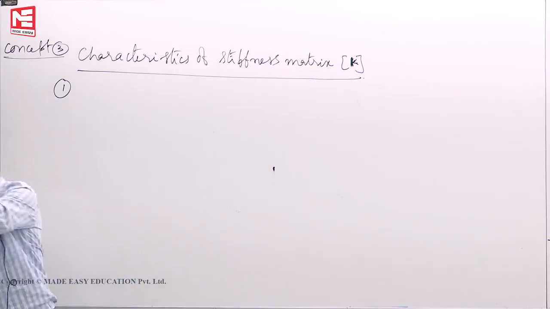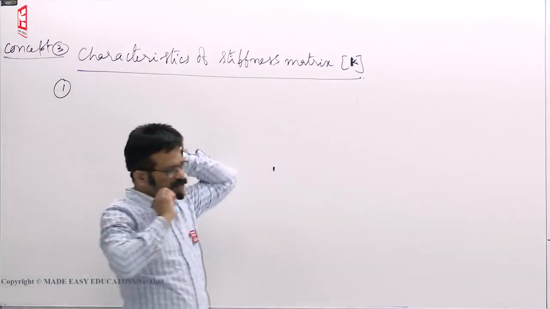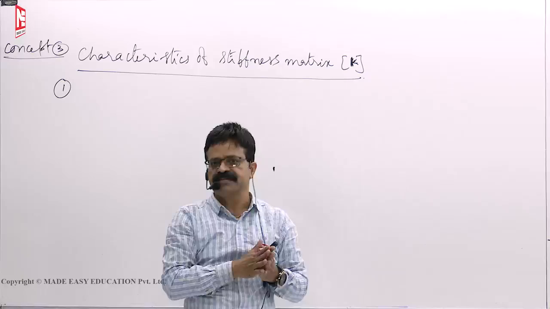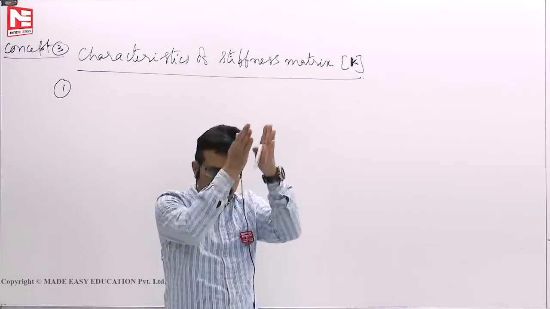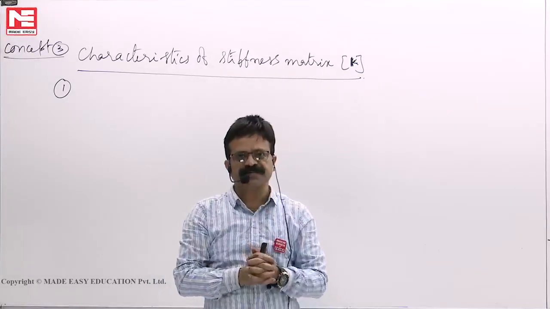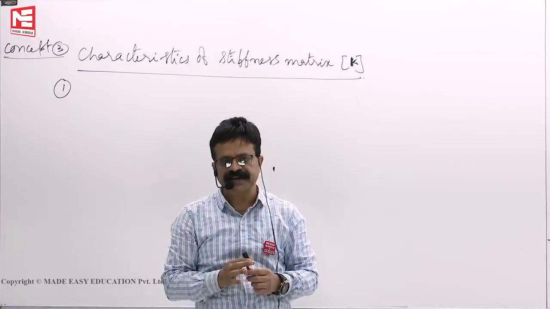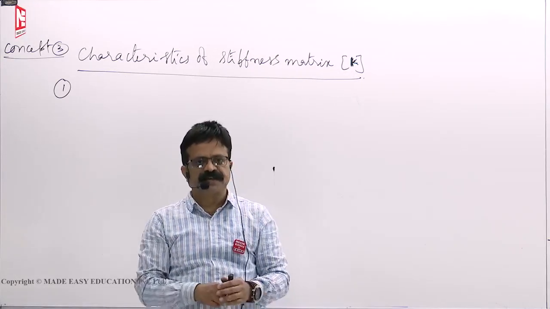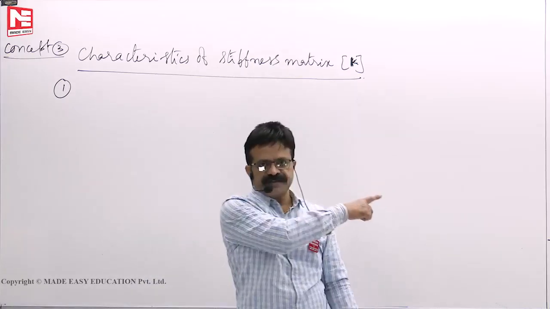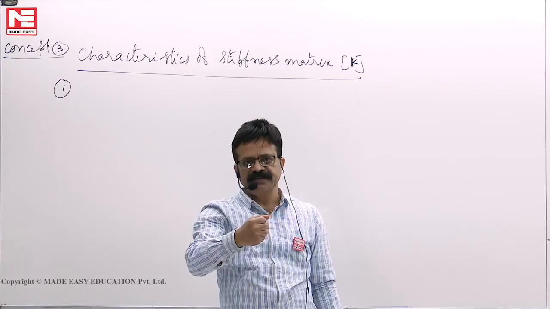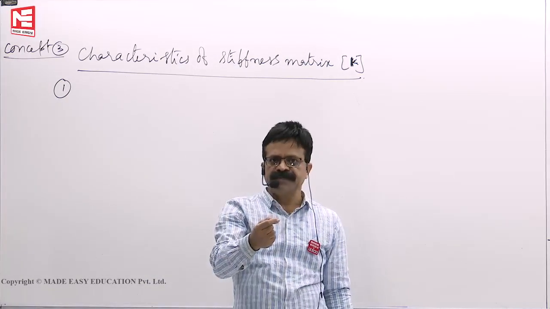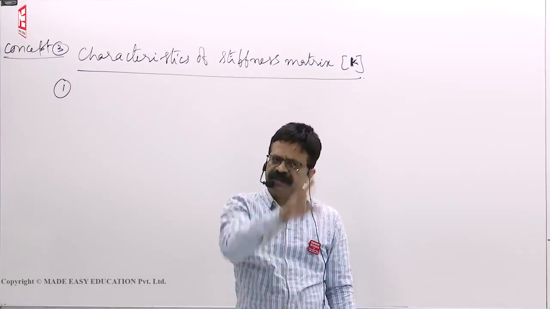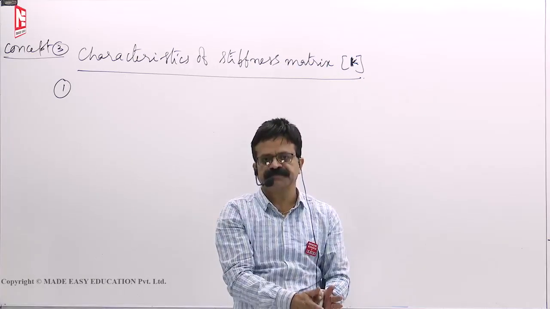Characteristics means if you build, first I told you how to develop all the stiffness coefficients. If those coefficients are written in a matrix form, we call it as stiffness matrix. First column of the stiffness matrix means at the coordinate 1, you give unit displacement. Because of that displacement, what are all the forces developed at all coordinates, you list them.